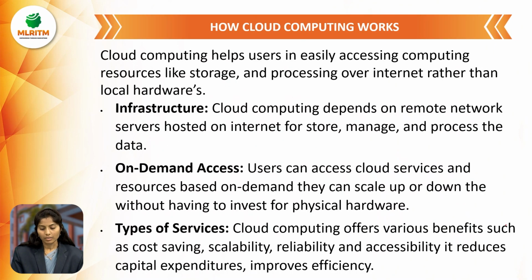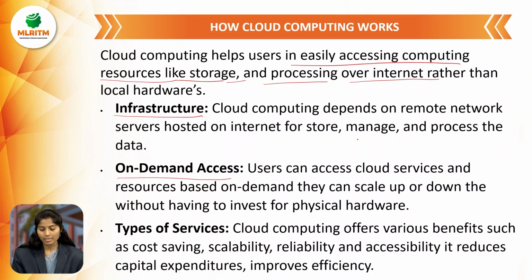Next, how cloud computing works. Cloud computing helps users easily access computing resources like storage and processing over the internet rather than local hardware. Infrastructure and on-demand access are used for cloud computing. First of all, what is infrastructure?